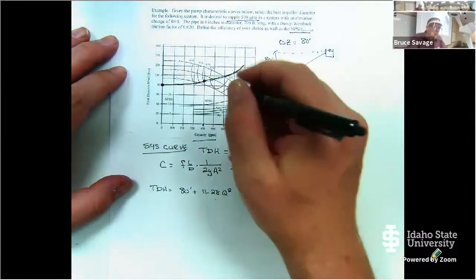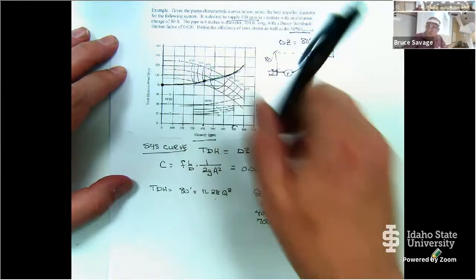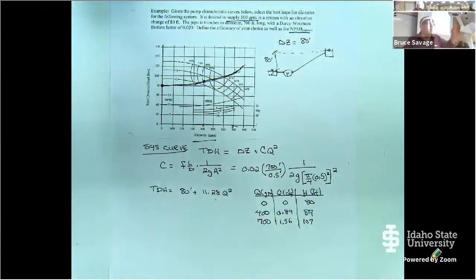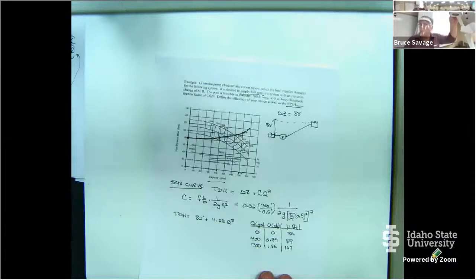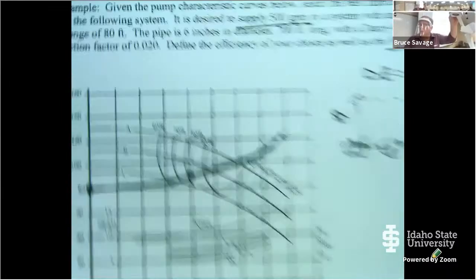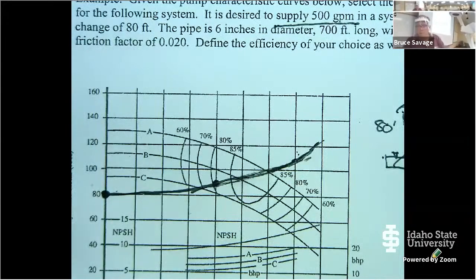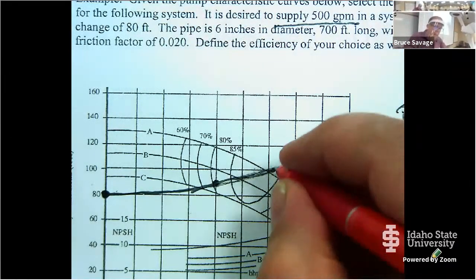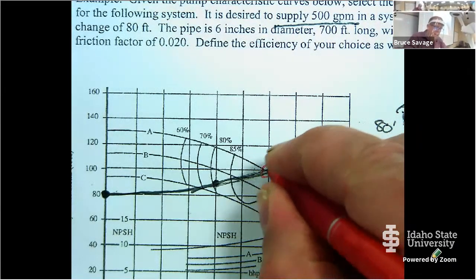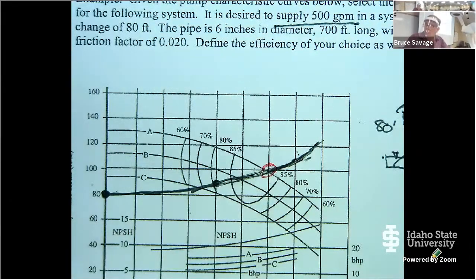And note that if I use impeller A, let me blow this up here, I know that's kind of a small pump curve and a thick line. But if I pick pump impeller A, I'm going to be operating somewhere out here in the 600 gallons per minute range. And I'm also going to be in the 85% efficiency.